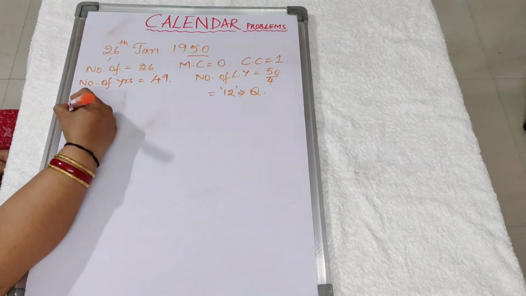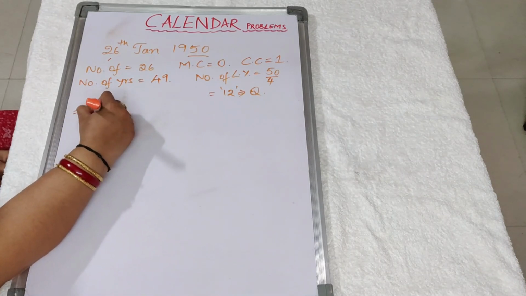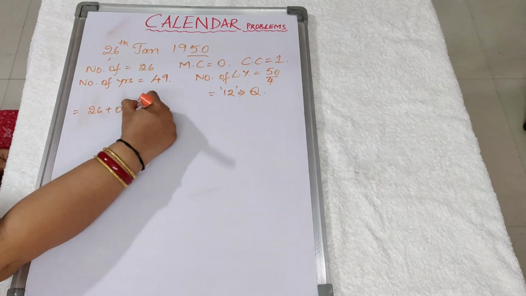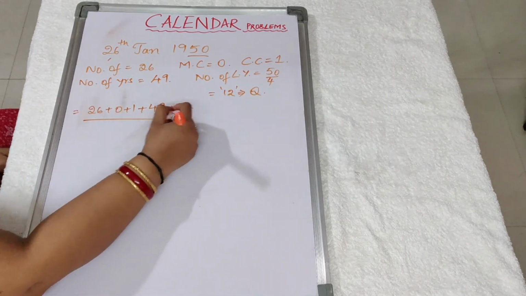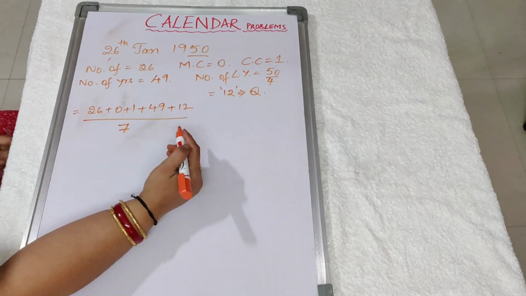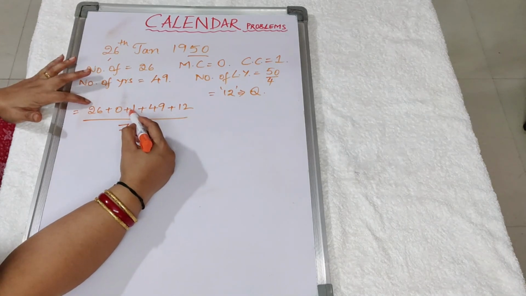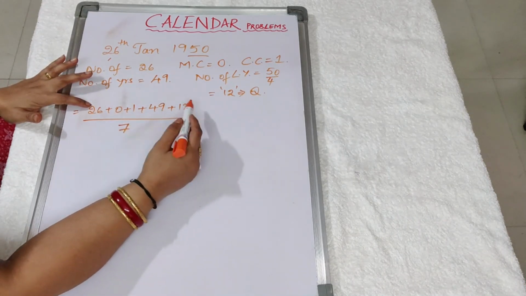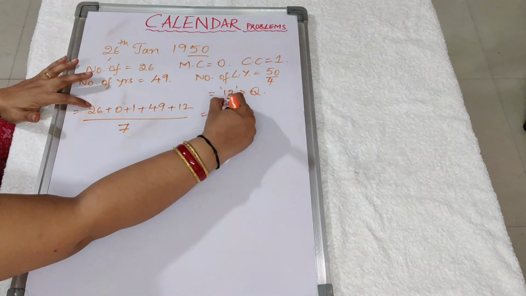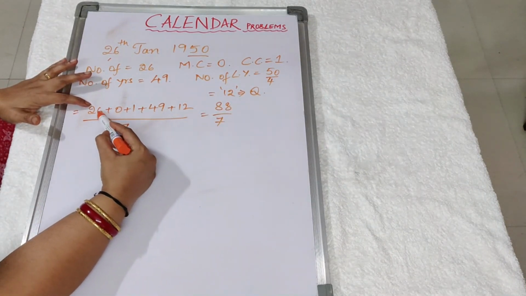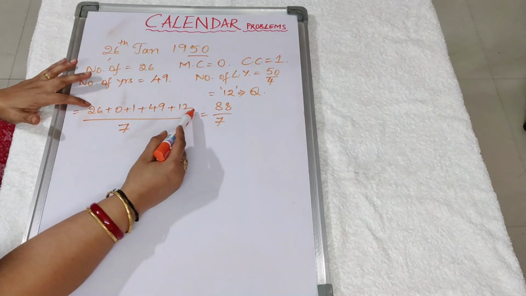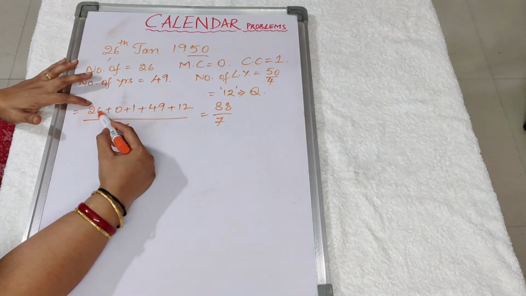Now time to substitute. 26 plus 0 plus 1 plus 49 plus 12 divided by 7. So 49 plus 1 is 50. 50 plus 38, 88. Let's check. So it is 50, 62, 62.